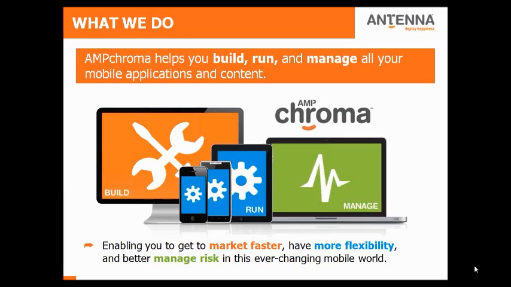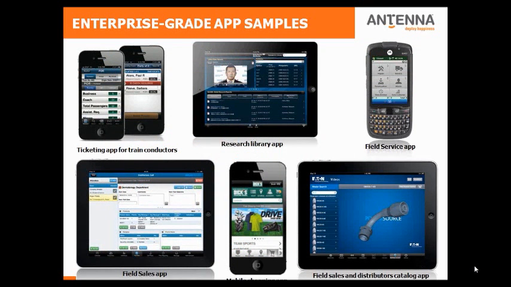And the whole idea behind Chroma in doing these three things is helping businesses respond to the mobile challenge and enable the business to get to market quickly with mobile applications and content, and do so in a very flexible manner so that they can remain agile, and also manage all the risks and challenges that come along with mobility in this constantly changing technology ecosystem that we operate in today.